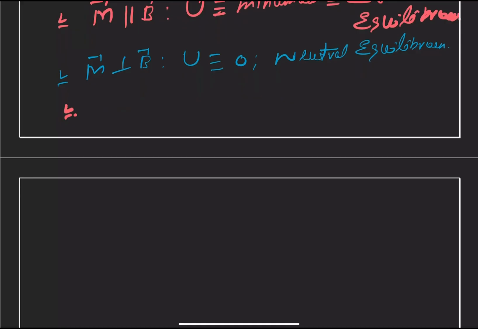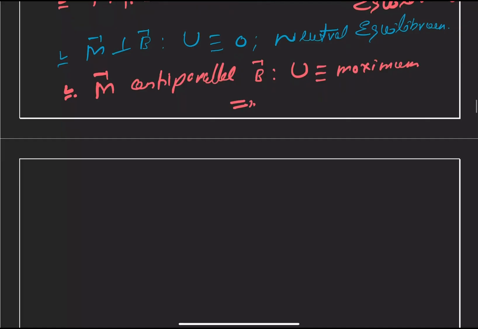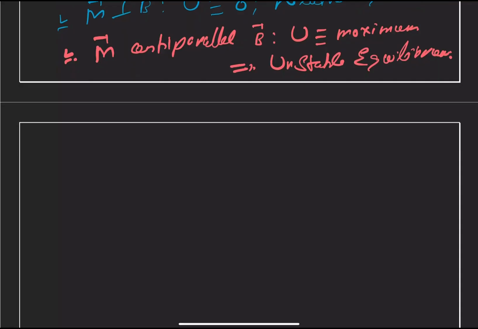And finally, if the magnetic moment is anti-parallel to the magnetic field, under this condition energy U will be maximum, and this gives us unstable equilibrium. We are not interested in the actual values. We are only interested in their dot product and the equilibrium type.